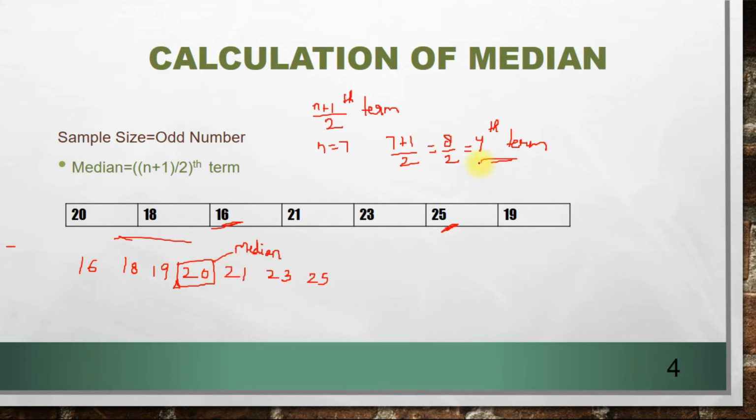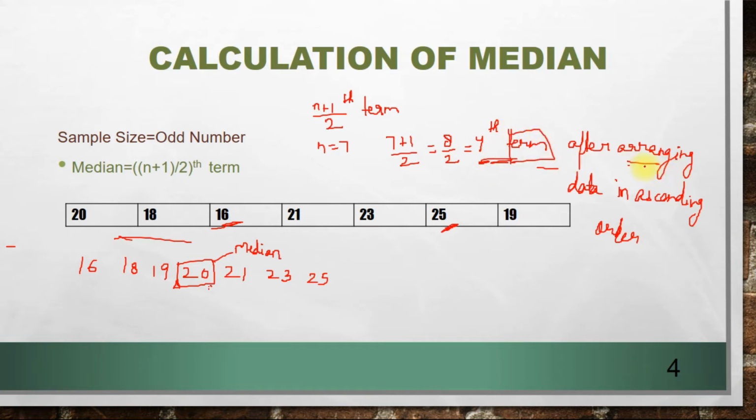They usually take 4 as the median. 4 is not the median. The 4th term is the median. The 4th term is 20, that's why 20 is the median. It is the 4th term after arranging data in ascending order. Okay, I hope you understand now.